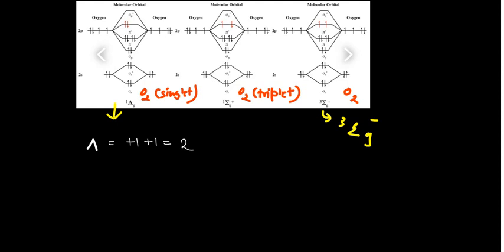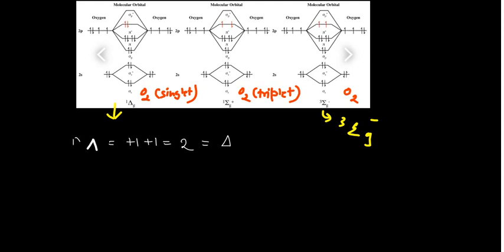This is very important, because both electrons are in this orbital, which is a pi orbital. So that means you will use delta, sorry, not lambda, it is delta.